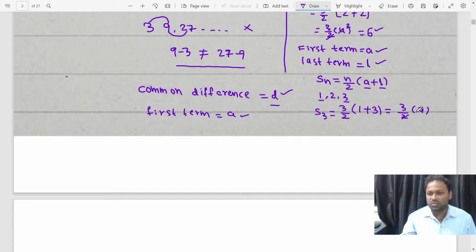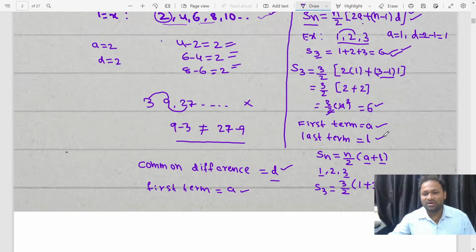Same, two 2s are 4. That is nothing but 3 twos are 6. Have you understood the difference between all these? In the first one, I did it directly and got 6. In the second formula, I got 6. In the third formula also, I got 6 only. But this is the formula.